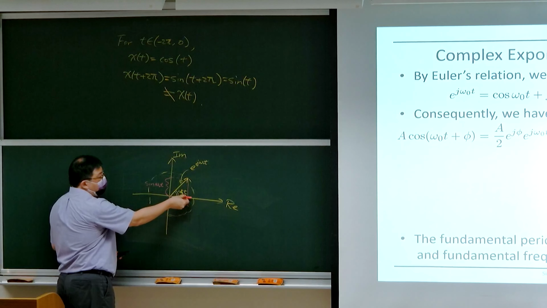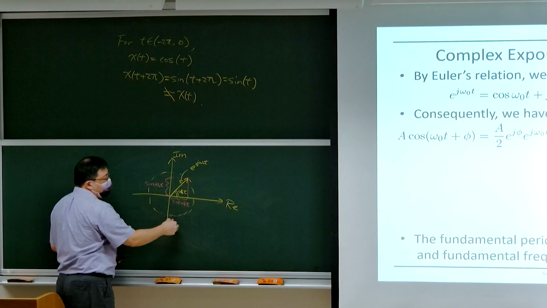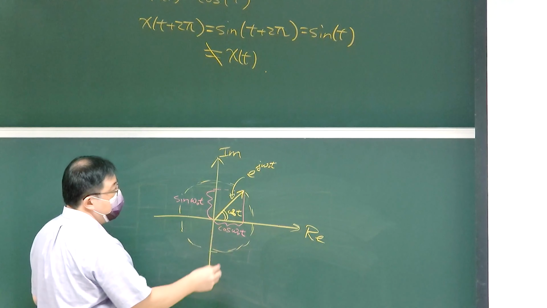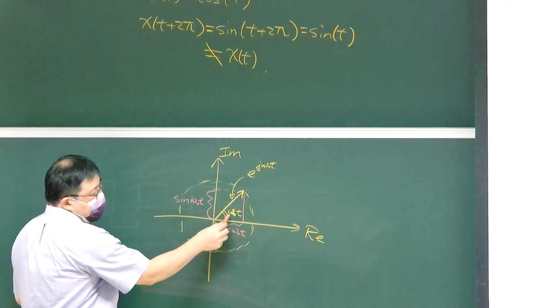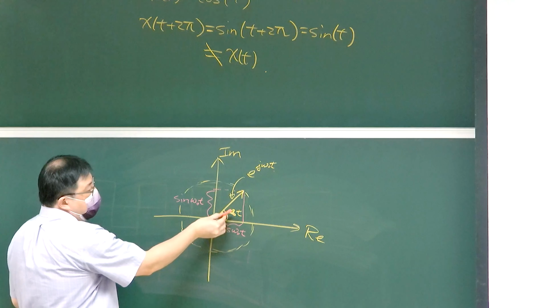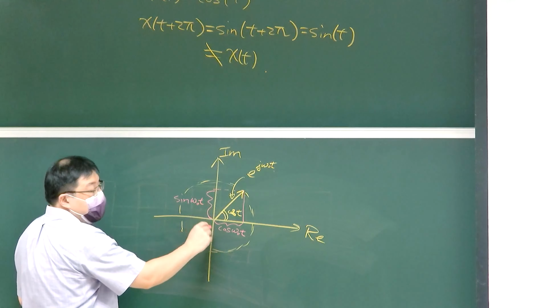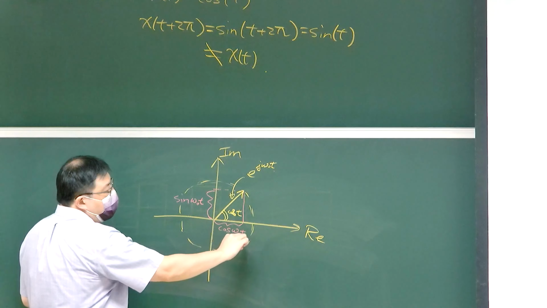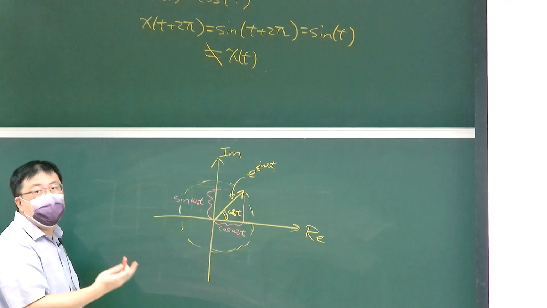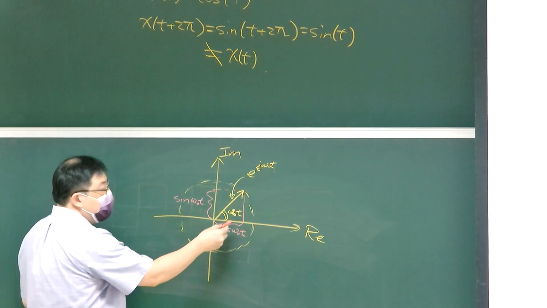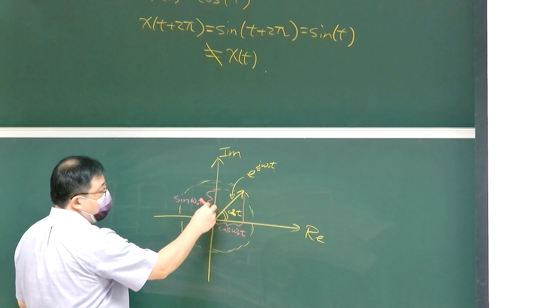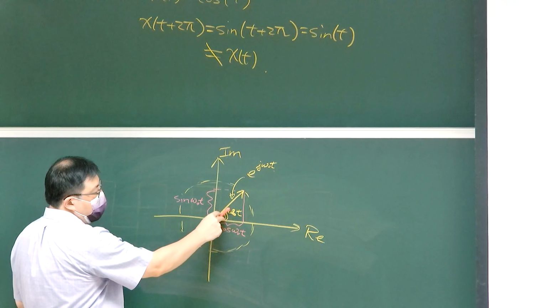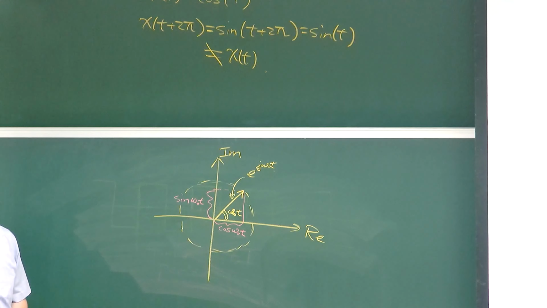So you go a full cycle. As time increases, the phase starts to increase, and you go a full circle after 2 pi.